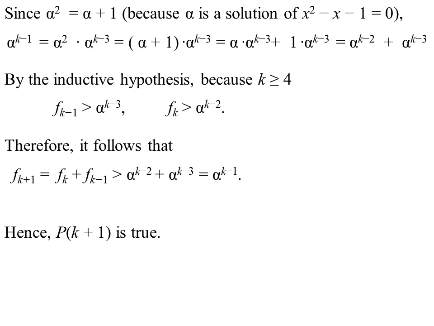And just now we have shown that alpha to the power of k minus 2 plus alpha to the power of k minus 3 is equal to alpha to the power of k minus 1. Hence, f(k+1) is greater than alpha to the power of k minus 1. That is, p(k+1) holds.